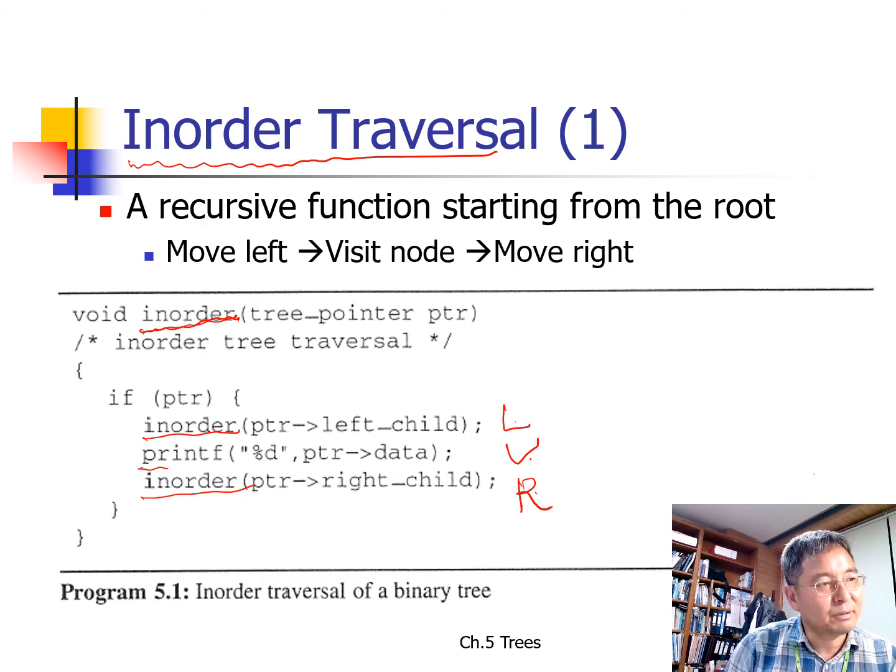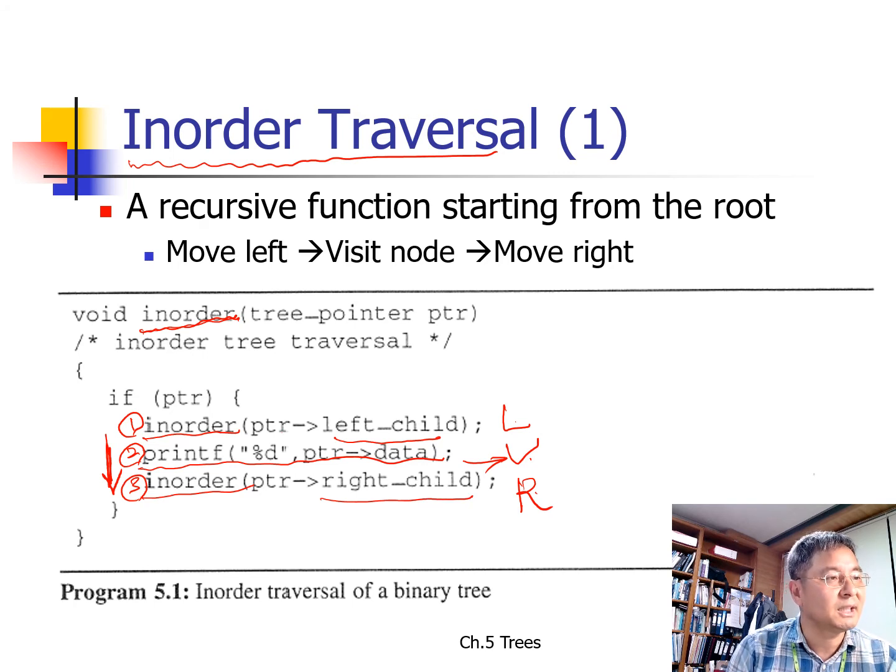Okay, so this printf means that it is reading the values. This sequence of first one, second one, and third one is very, very important. The first one is for the left child, and the third one is the right child. The current one is the ptr pointer.